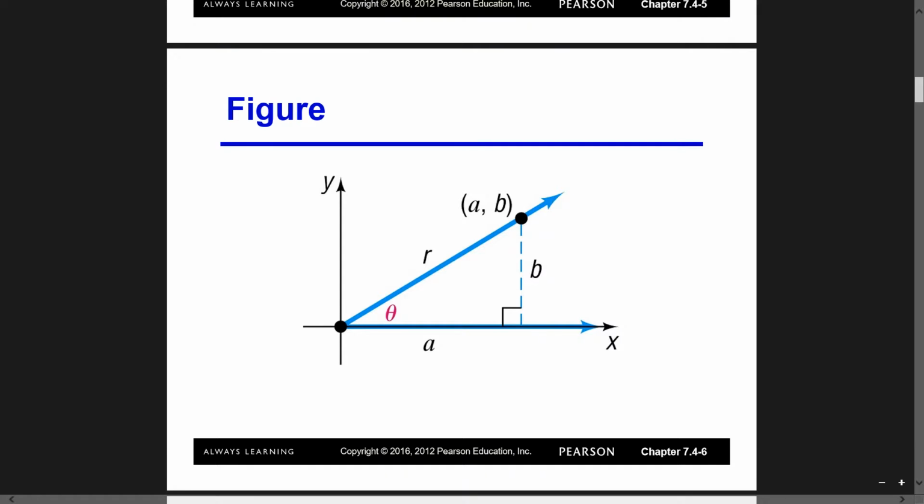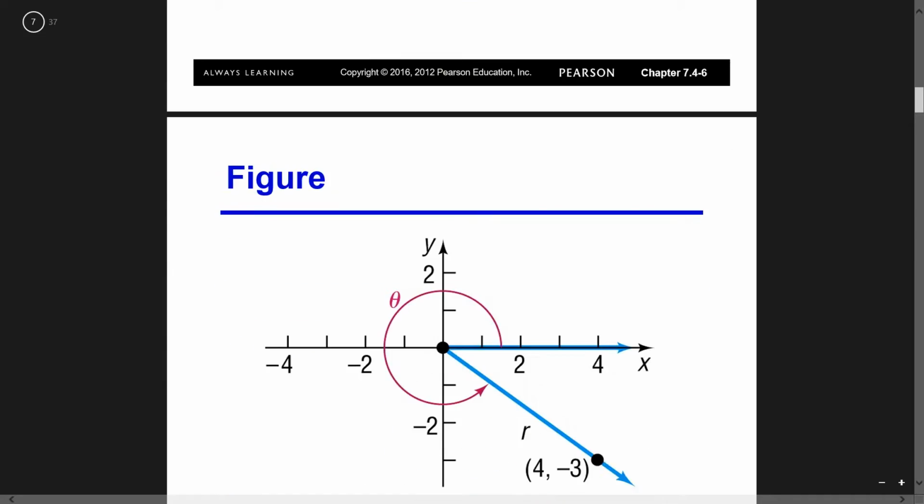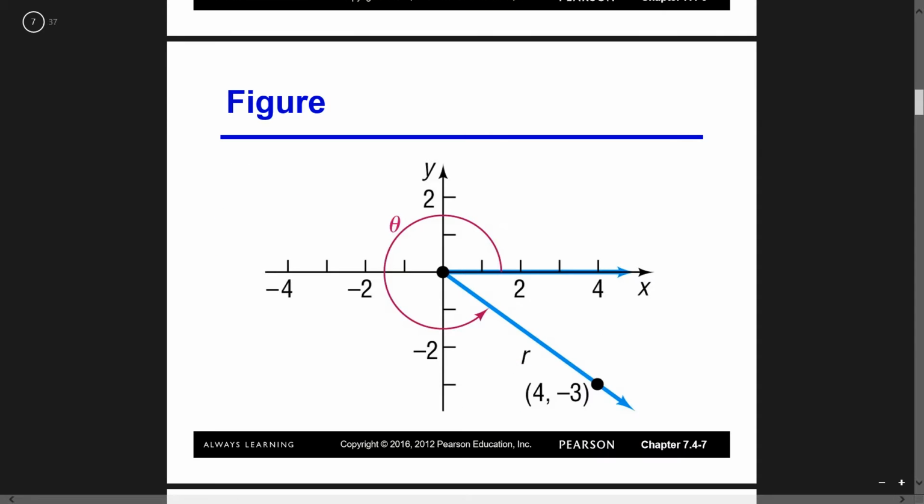So here's the kind of figure we're going to be talking about if it's in the first quadrant. We have the point A and B. We have the angle theta. Notice it could be in the fourth quadrant, with the terminal side over here.